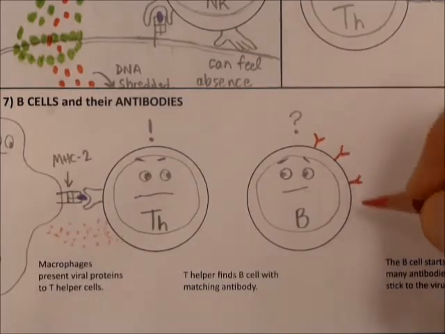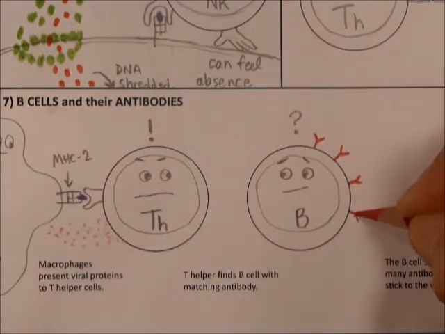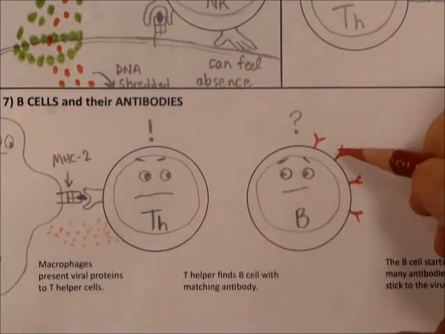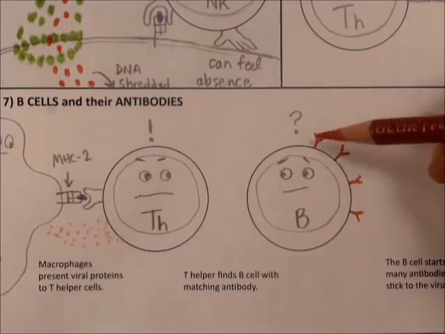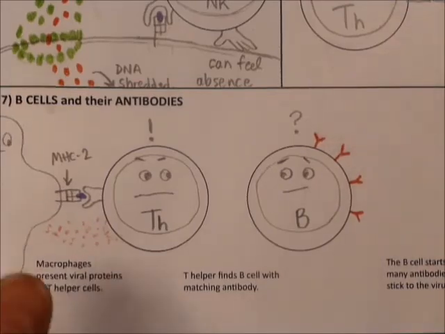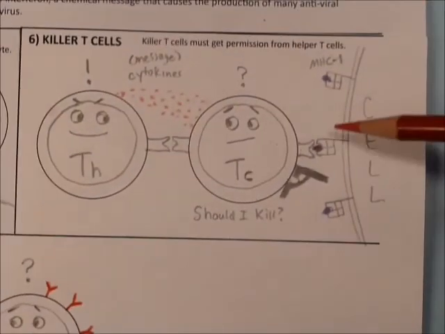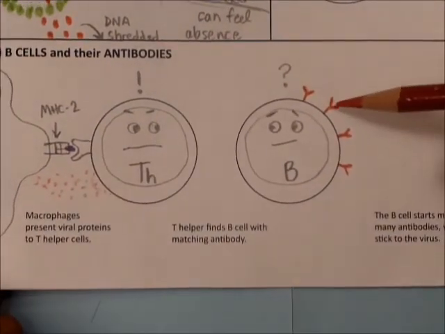And this B cell can only make one shape. Every little type of antibody inside this Y, the top part, the forked part, will only match one thing. It's a very particular shape.